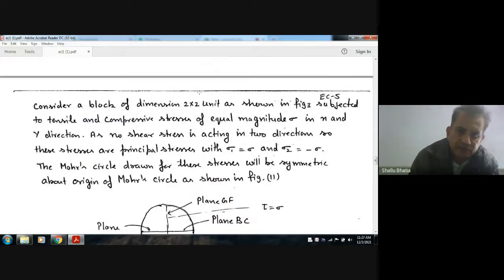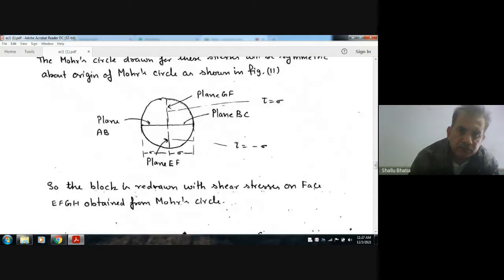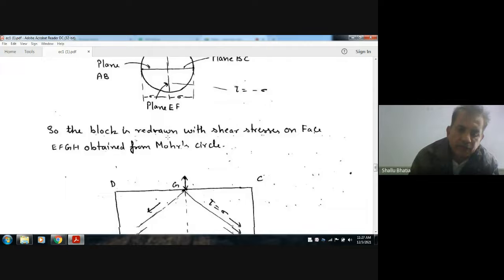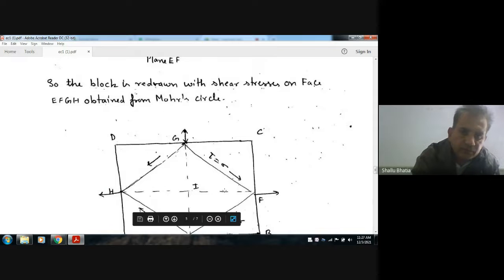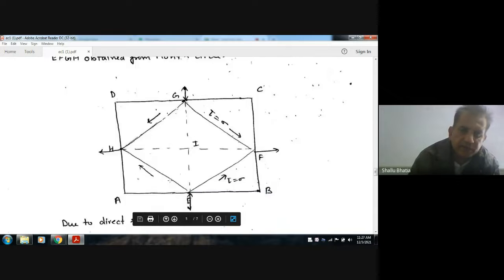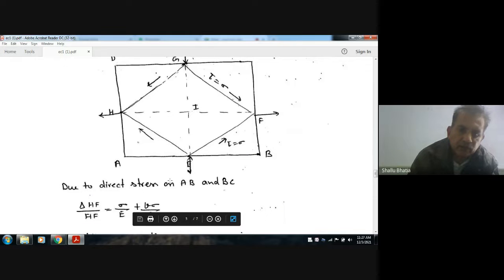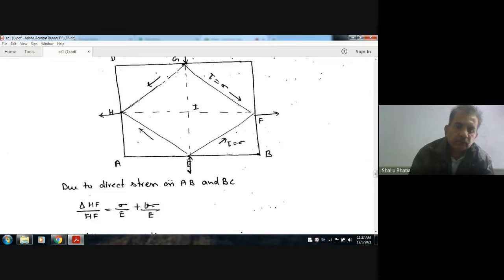At GF there is positive shear stress, and at plane EF there is negative shear stress. So at GF there will be a clockwise shear stress, and at GH there will be an anti-clockwise shear stress.